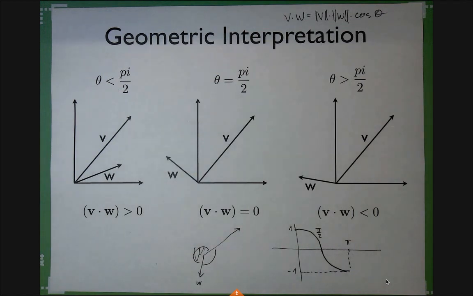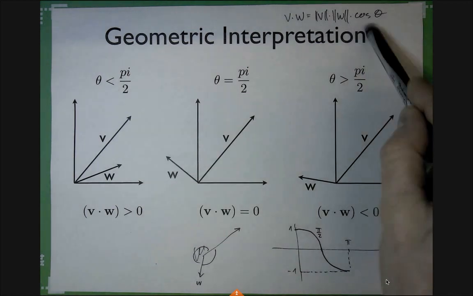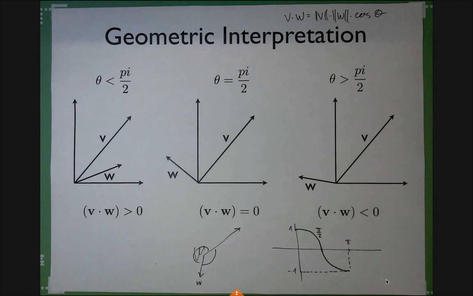Imagine you have 256 by 256 monochrome images. So this would be roughly 65,000 dimensional vectors. If you compute the dot product between the two images, it sort of tells you how similar or dissimilar the images are in this cosine theta interpretation of similarity.